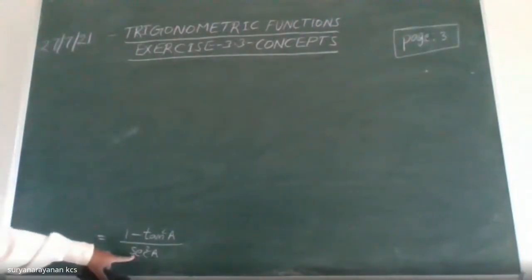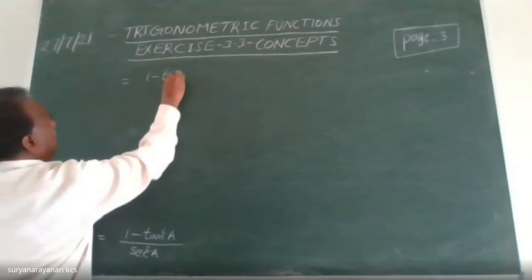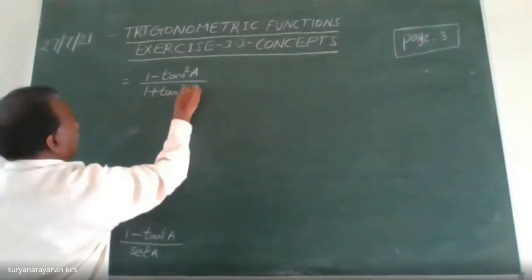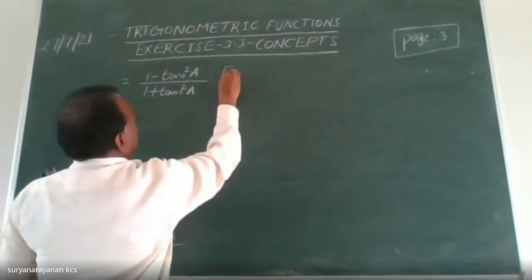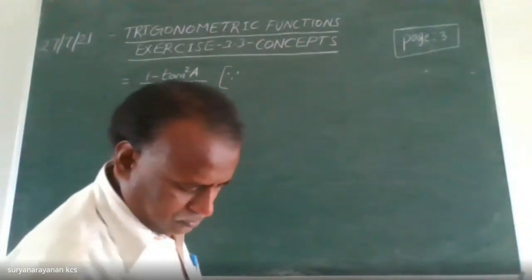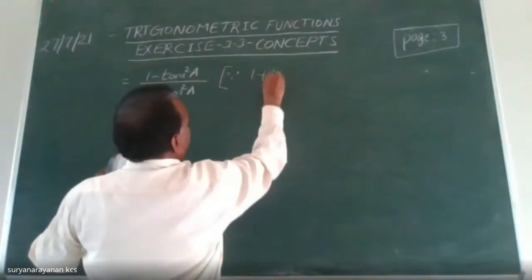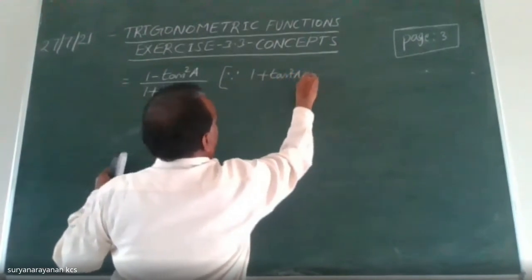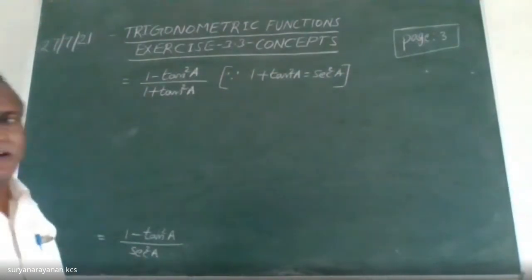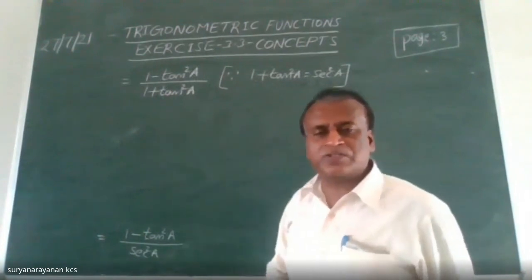Here secant square A can be written as 1 plus tan square A. So that is equal to 1 minus tan square A by 1 plus tan square A. So we got another formula, cos 2a in terms of tan. Cos 2a formula in terms of tan.